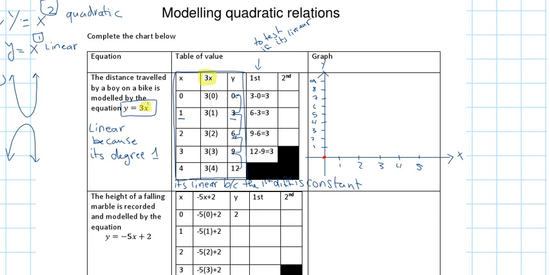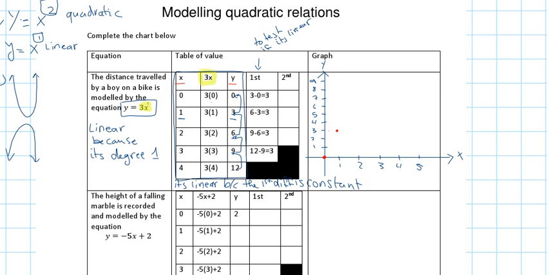What will be my second point? 1, 3. Right? Remember, x, y. Okay? So 1, 3. So 1 on the x-axis, and then where's the 3? Up 3, right? So my next point is going to be right here. So you locate your x-axis first, then you go to your y value, okay?